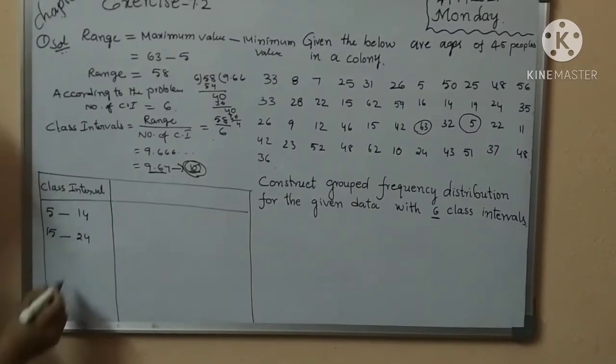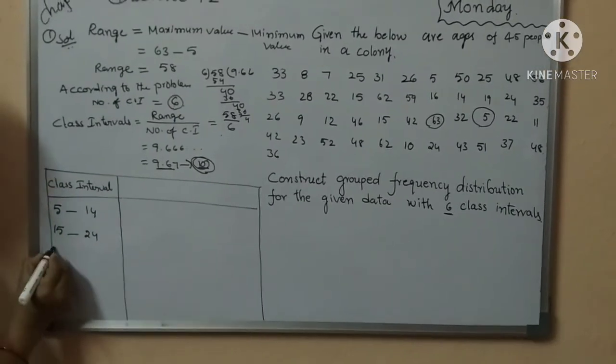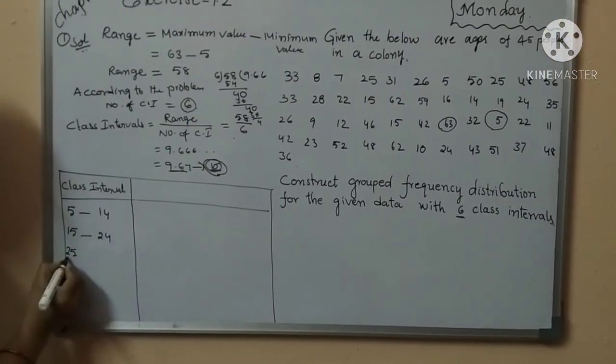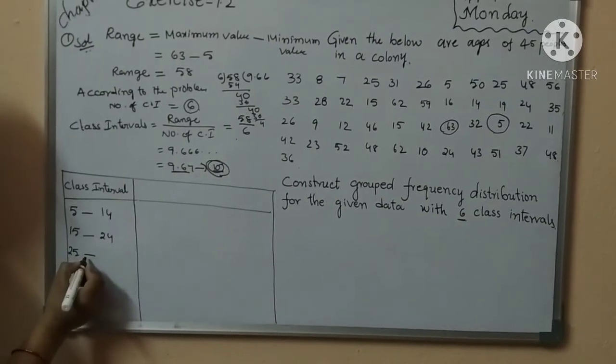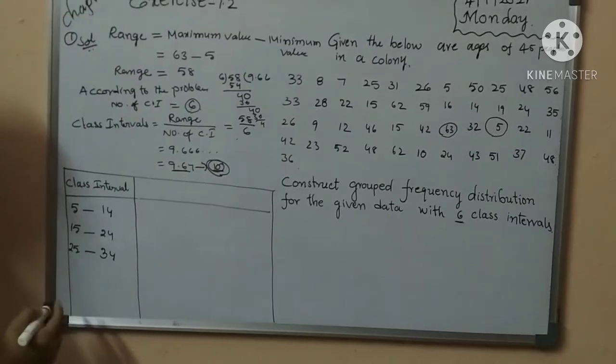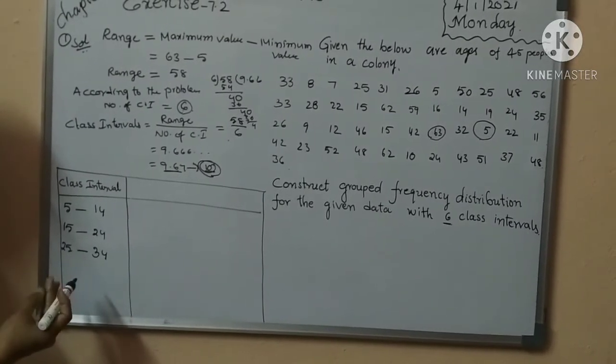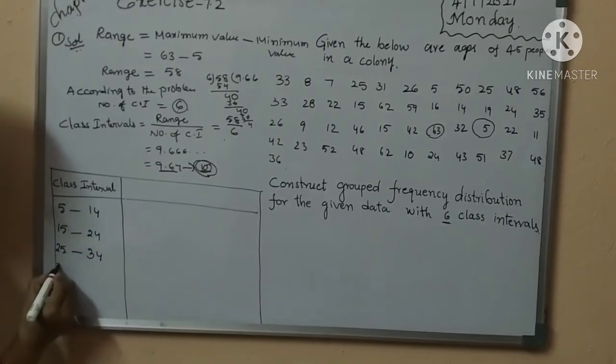So how many class intervals do we take? We have 6 class intervals. 1, 2 completed. Next, continuing from 24, number 25 plus 10 gives 34. Okay. 25, 26, 27, 28, 29, 30, 31, 32, 33, 34. Next.